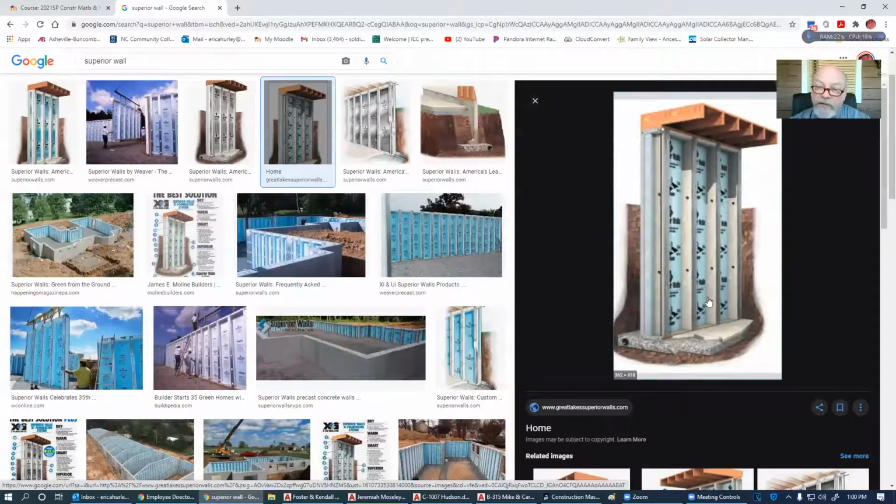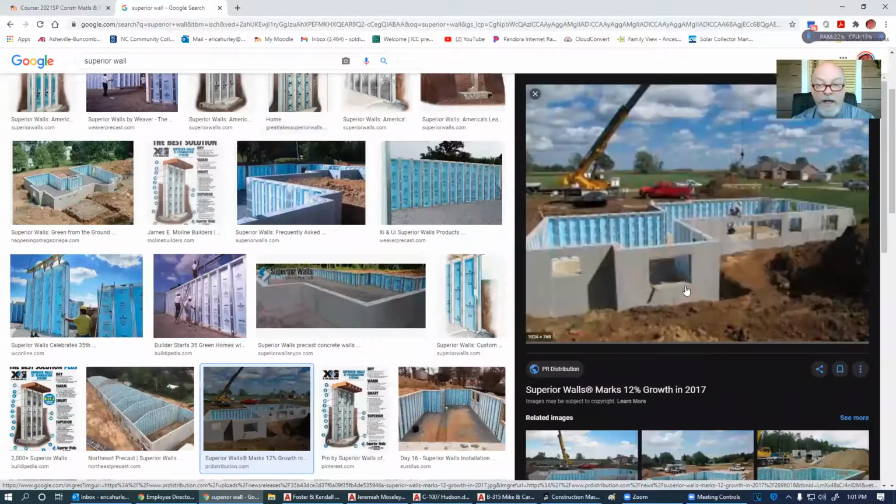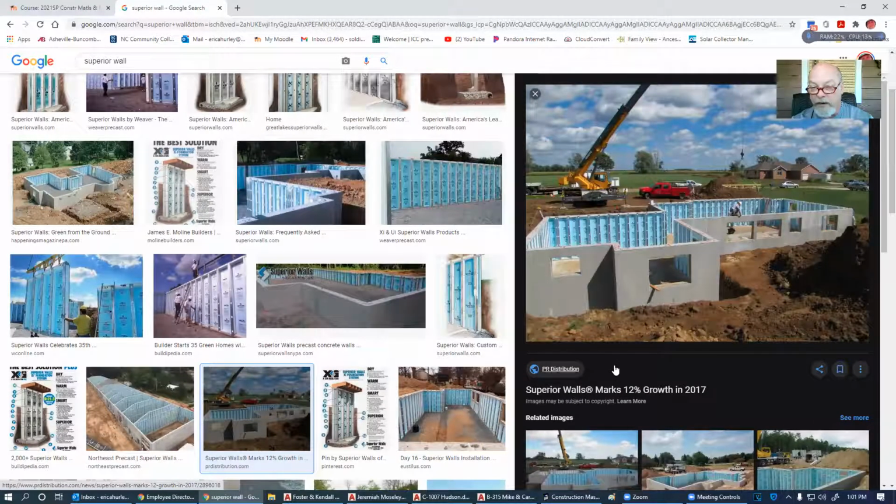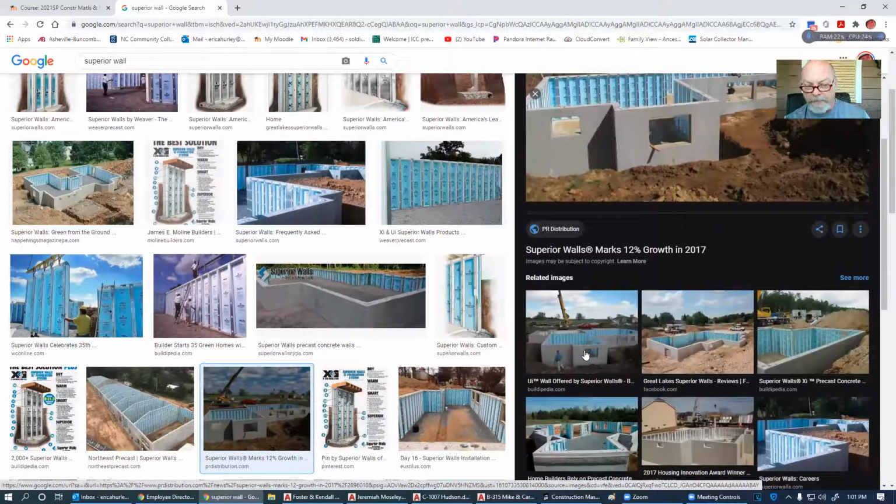So this is a very good alternative to the traditional footings and foundations that we have been using in the past. I've had a lot of students who have used this not only in their own house, but they have actually become contractors, and they use this a lot in the houses that they build. So this is something that can be looked at as well.